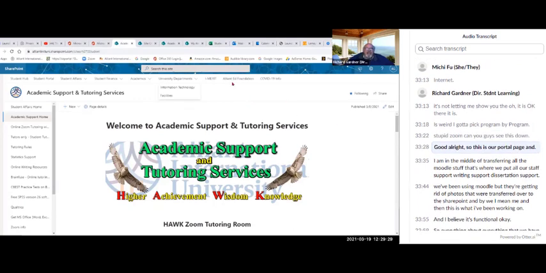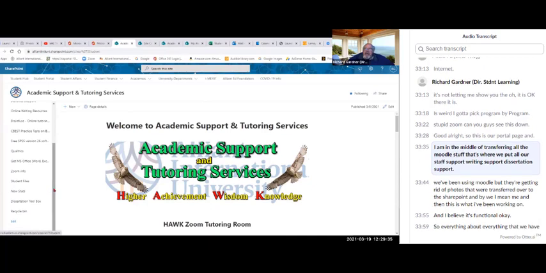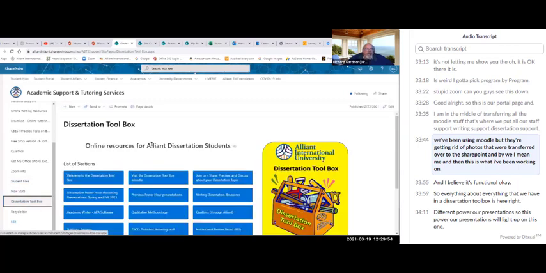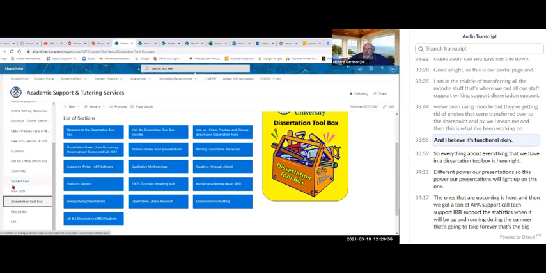All right, so this is our portal page. I am in the middle of transferring all the Moodle stuff, where we put all our stat support, writing support, and dissertation support. We've been using Moodles, but they're getting rid of them, so we're transferring over to SharePoint. And by we, I mean me. And then this is what I've been working on, and I believe it's functional.